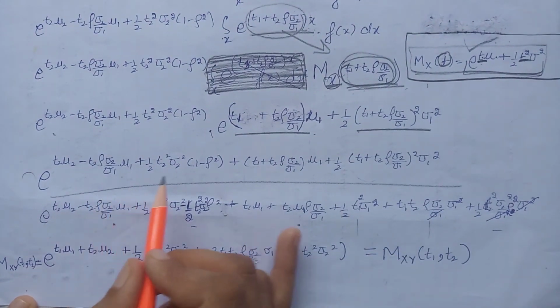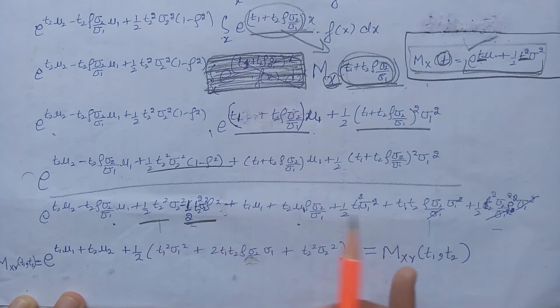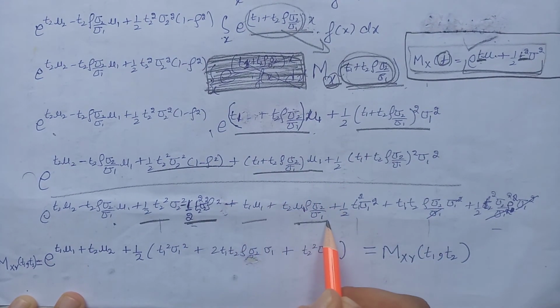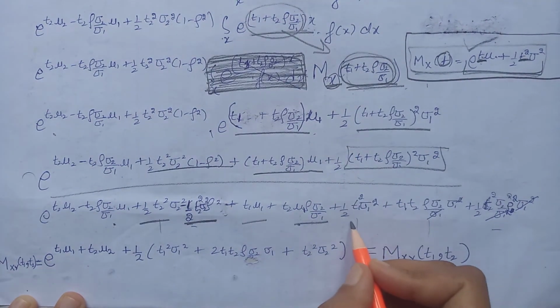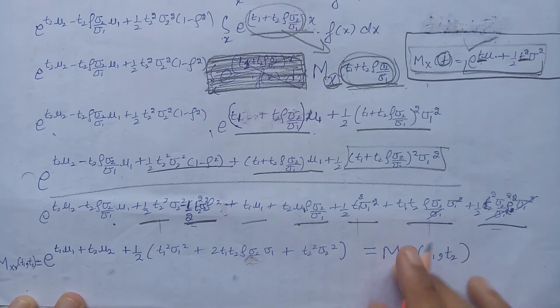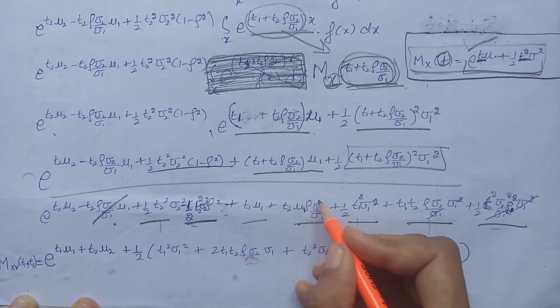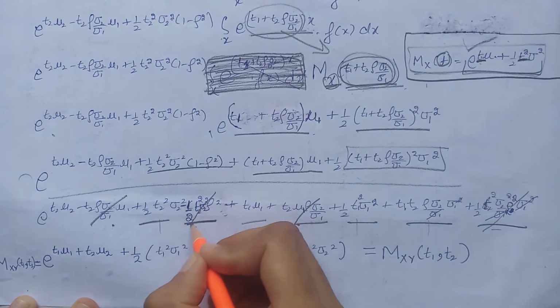Now again if we expand this bracket we get these two different terms, and we also expand this bracket, we get these two terms, and again we solve this bracket, so we get these three different terms. Then after cutting we can see that this term is cancelled out by this term, and this term is cancelled out by this term.